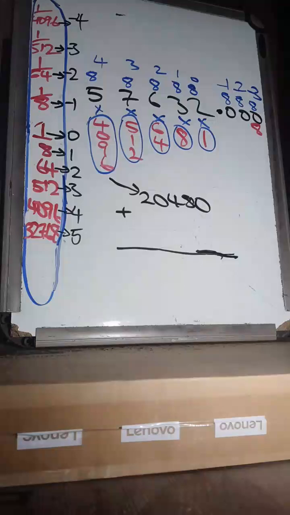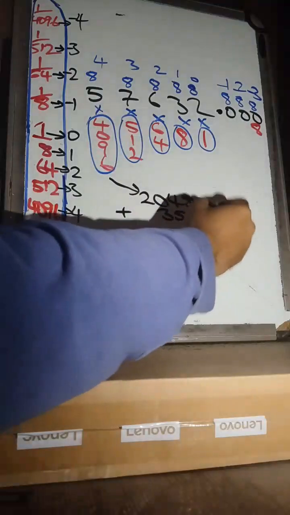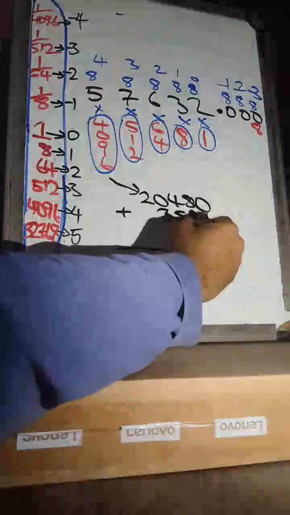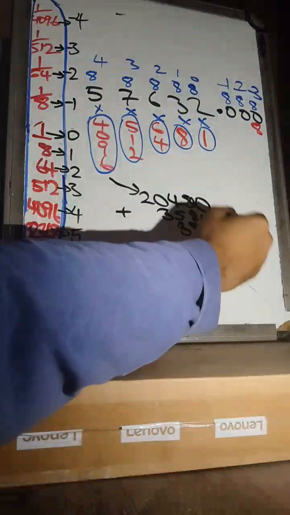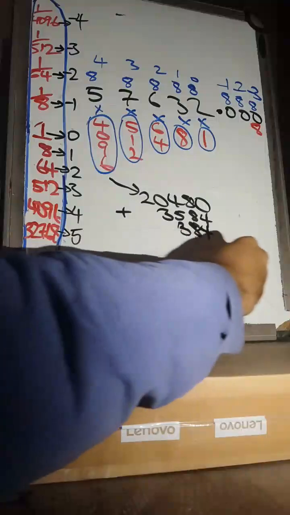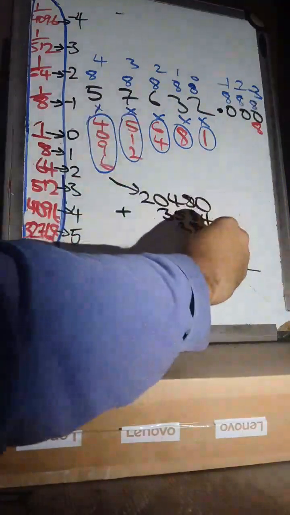Then we have 512 times 7. Alright, so that's 3,584. And you have 64 times 6. So now you have 384. Oh, that means I need to bring it down a little more than that. Now 3 8's 24.